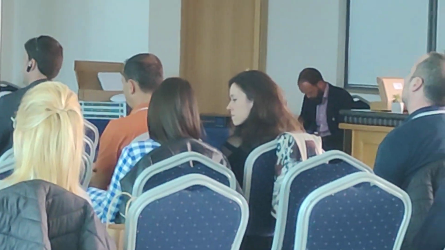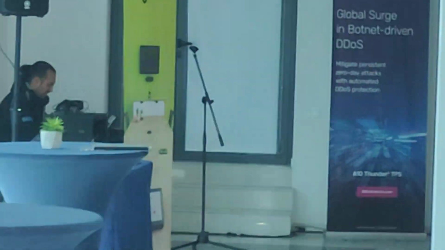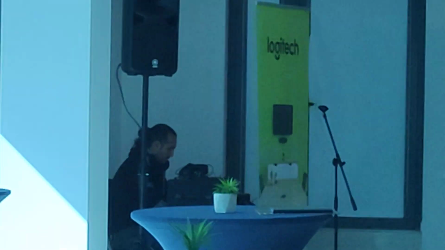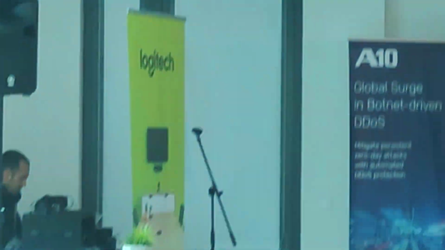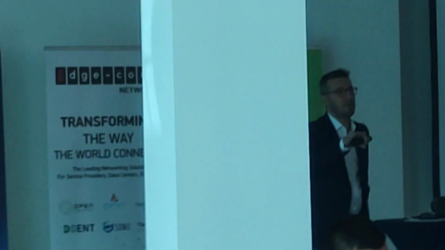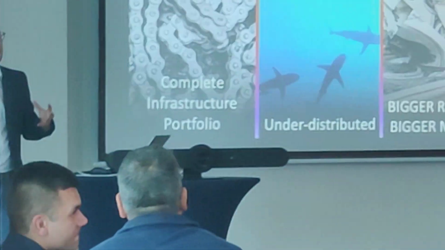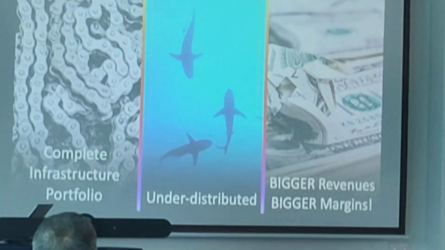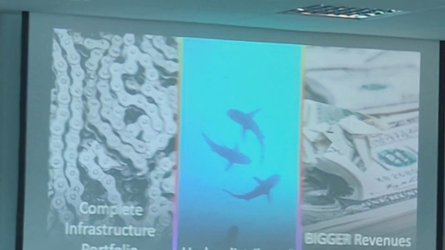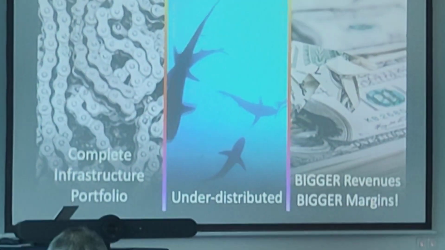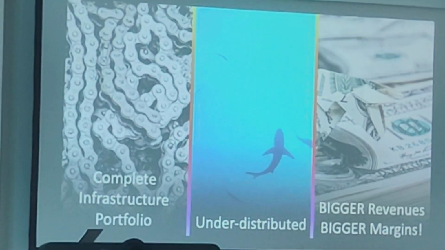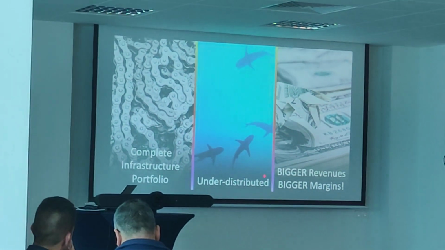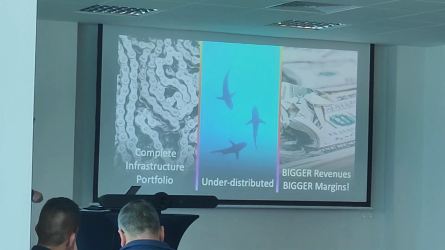Complete infrastructure portfolio, I told you, and two other arguments. We are still at the beginning. We are a small company, we are a startup, and at least in this distribution model, in this channel model, we are under-distributed. This means a lot of room for you to grow along with us, because we will grow, definitely.